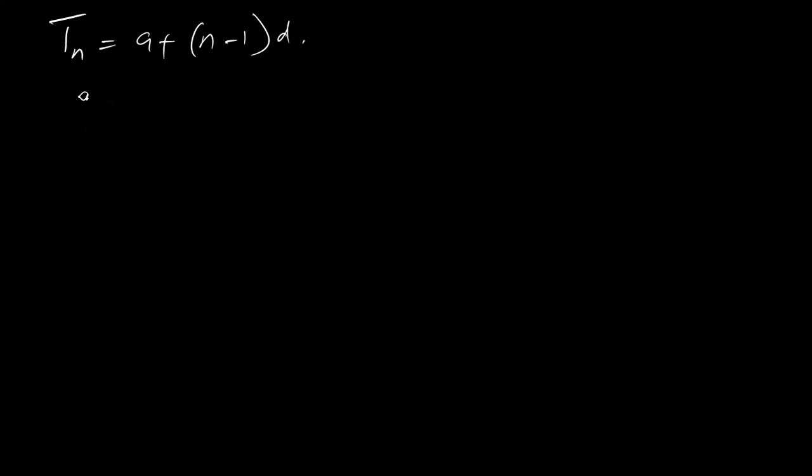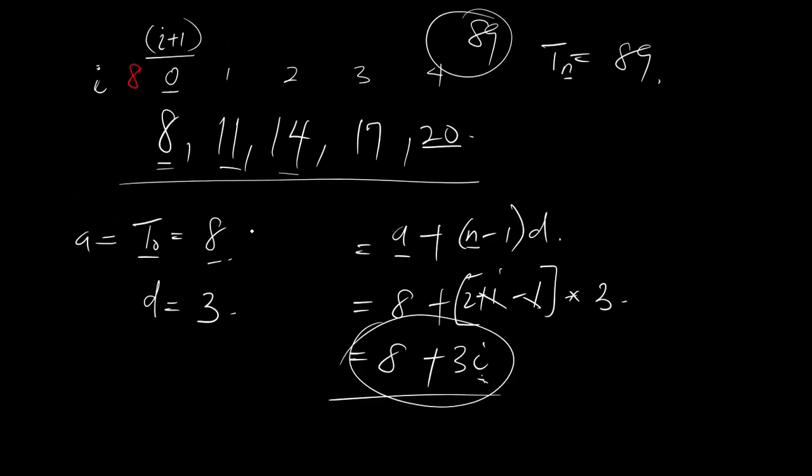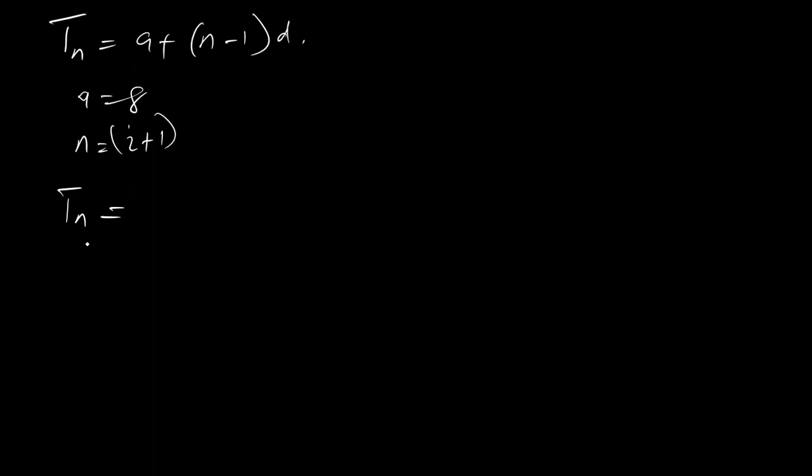Now we have a equal to 8 and n equal to i plus 1. Actually, we have done this to get the i term, which is the last term, to be 8 plus 3i.